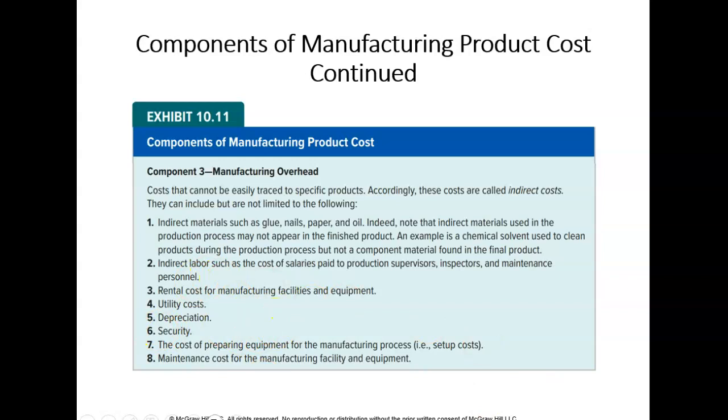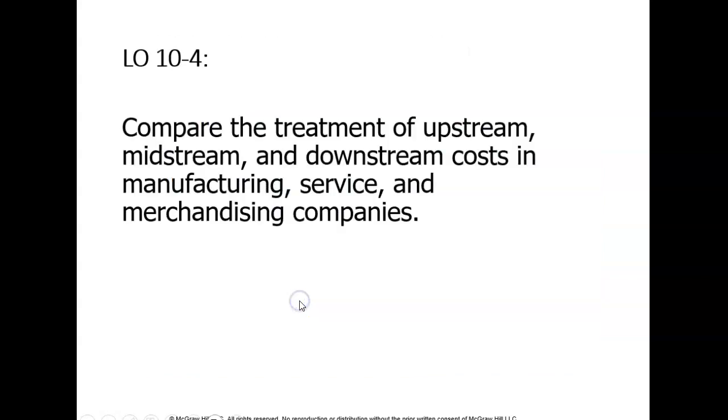It could be rental costs for the manufacturing facility or equipment, utility costs, depreciation, security, the cost of preparing the equipment, maintenance costs on the equipment. What we end up doing is assigning overhead costs typically based upon some type of overhead cost rate. Okay?